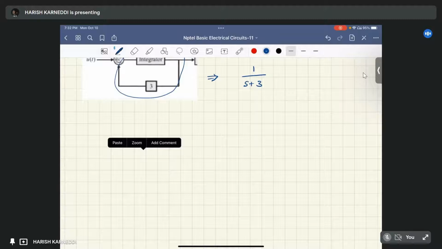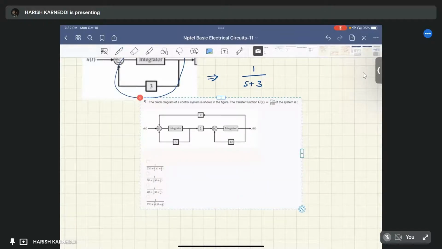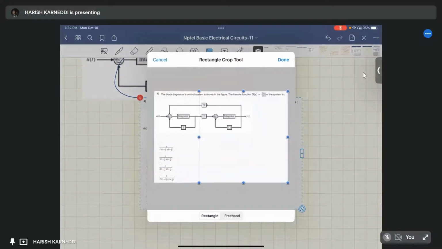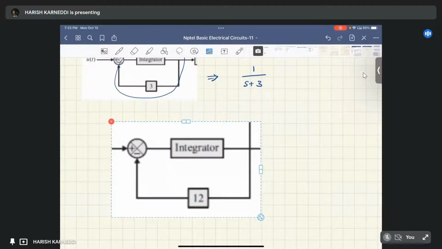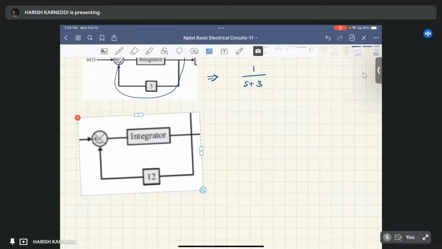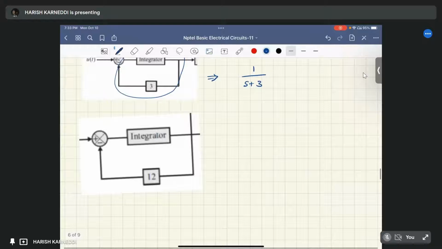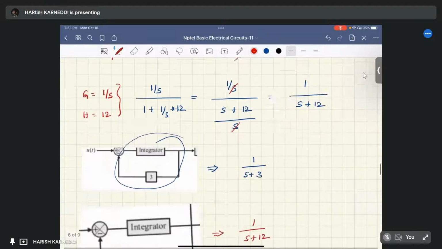Okay. The next loop, I will add one more figure. The next loop means only this portion. The next loop is this one. The transfer function of this loop is 1 by s plus 12, right?